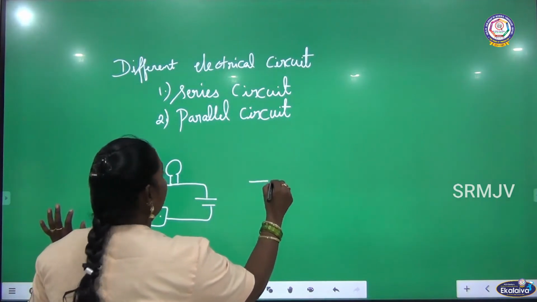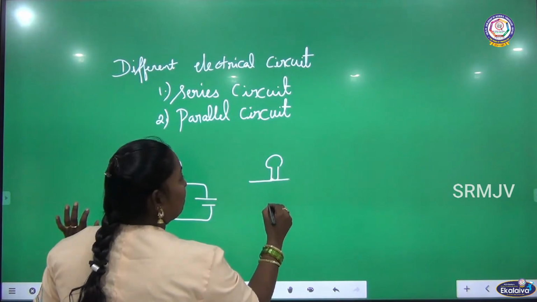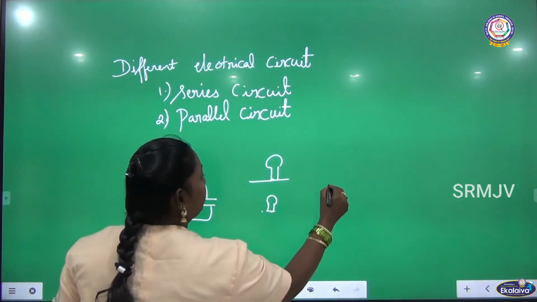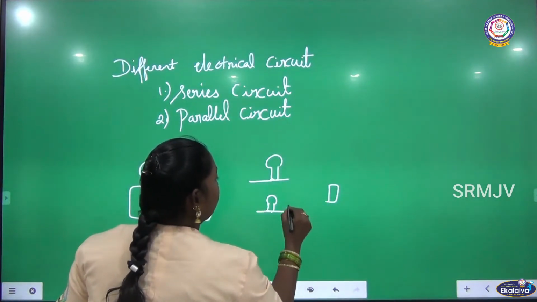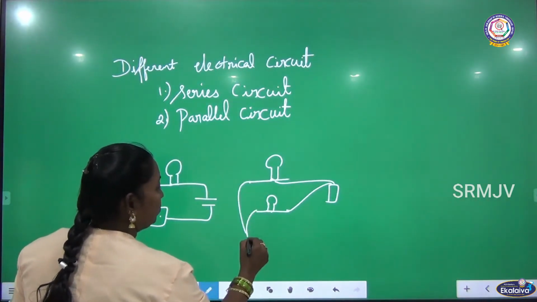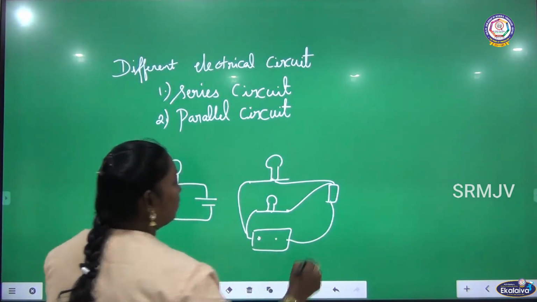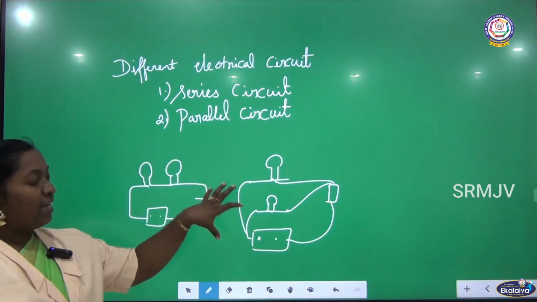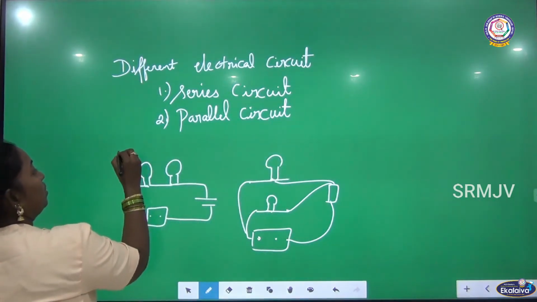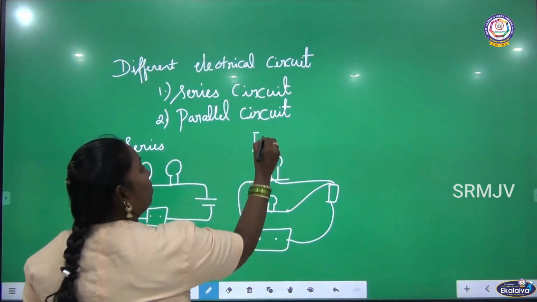This is not a circuit diagram, just a representation. So these two diagrams represent the series circuit and the parallel circuit. This is series and this is parallel.